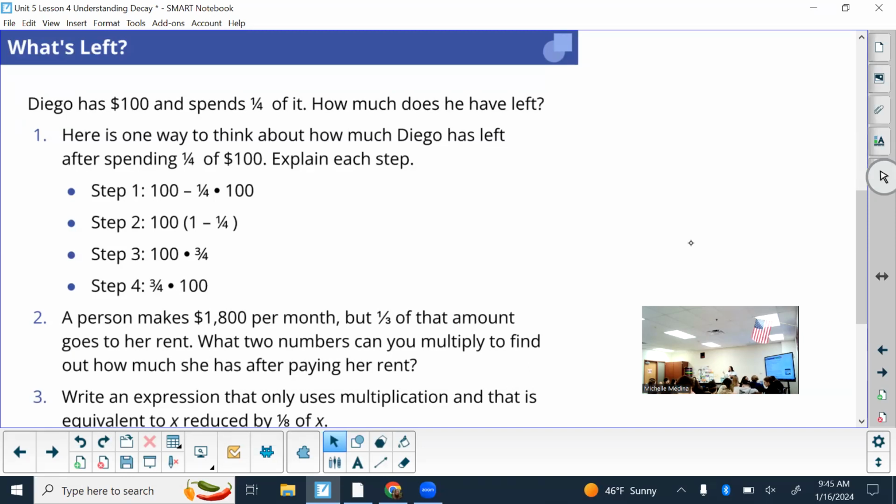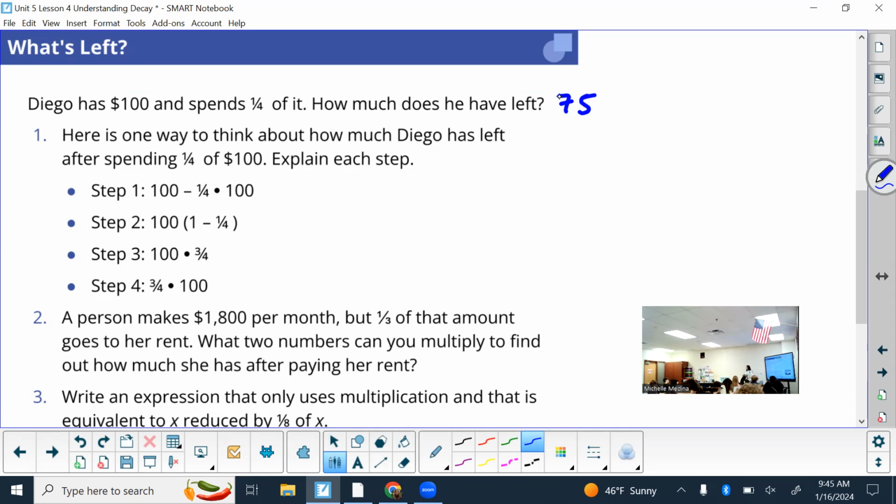$100 is a really easy number to work with, right? Split it into fourths, 25 each. He has 75 left if he only spends 1/4 of it. Not all the time are the numbers that easy, but here's one way to think about how much Diego has left after spending 1/4 of 100. You need to be able to explain each step.